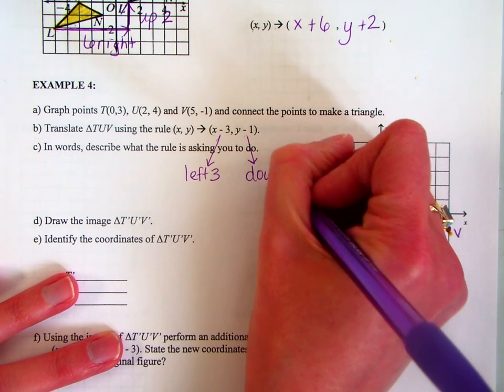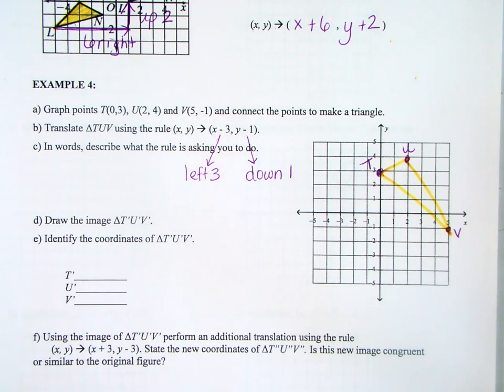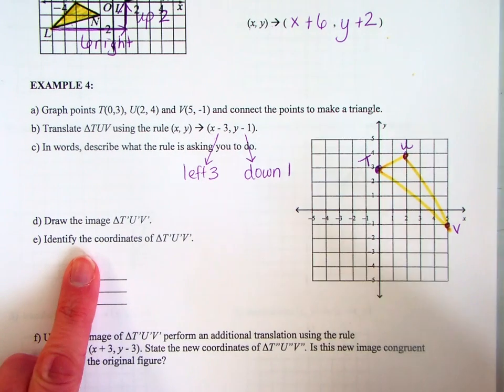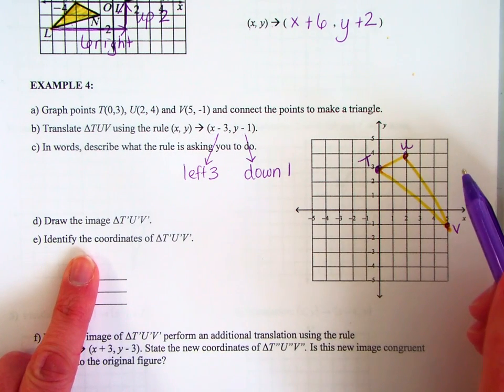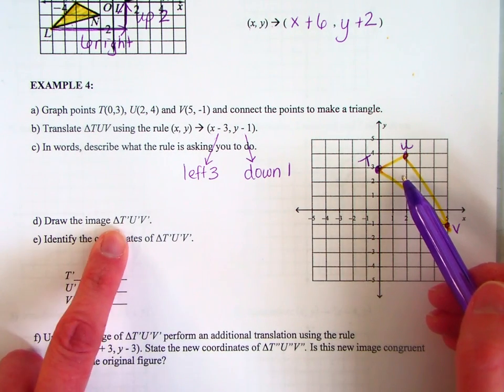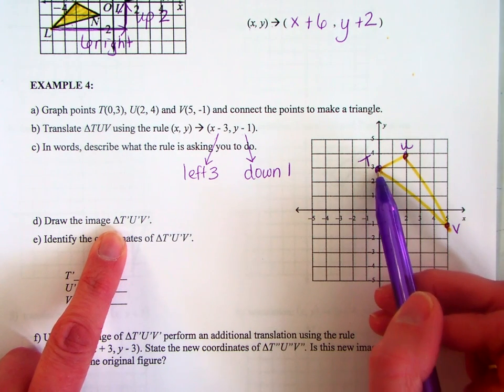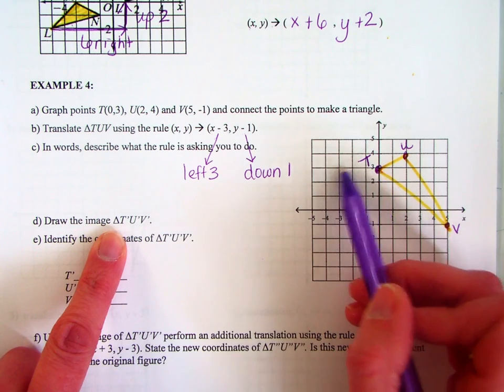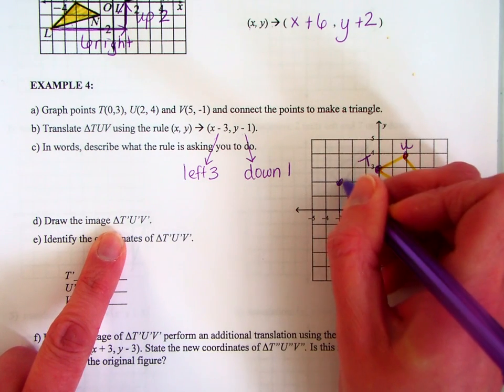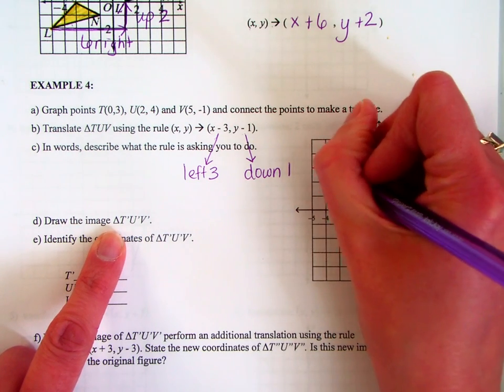All right, so let's go ahead and do that. We're going to take each one and go left 3, down 1. And that'll be our T prime.